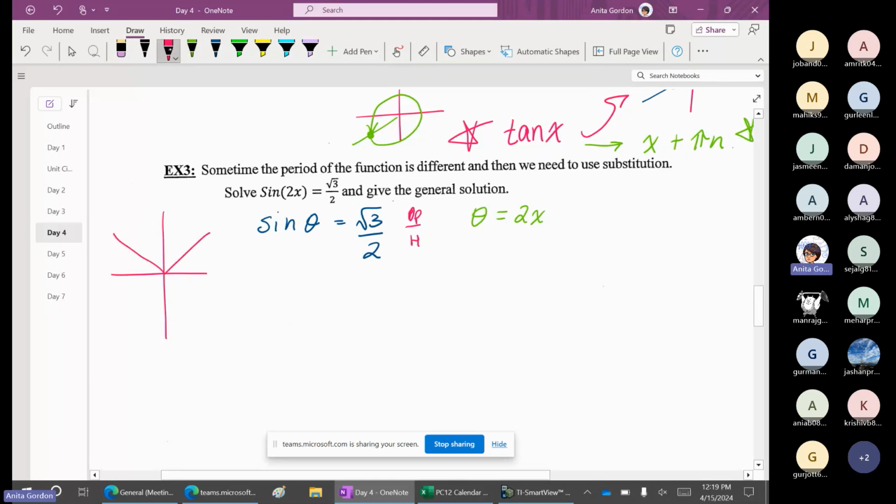Okay, I'm looking for a reference angle, so a triangle that has an opposite side of root 3 and a hypotenuse of 2. What angle am I needing? Pi over 3. Okay, so my reference angle is pi by 3.